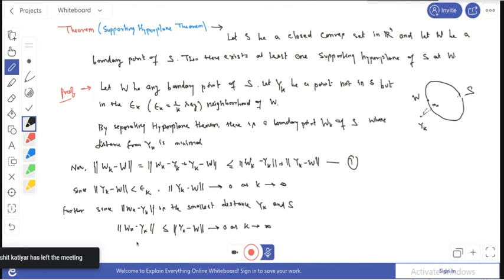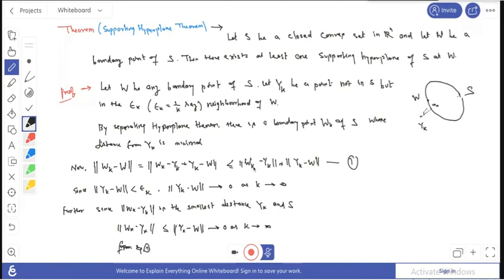So from equation one, the norm of wk minus w is less than or equal to the norm of wk minus yk plus yk minus w.